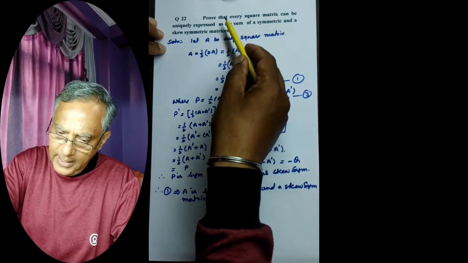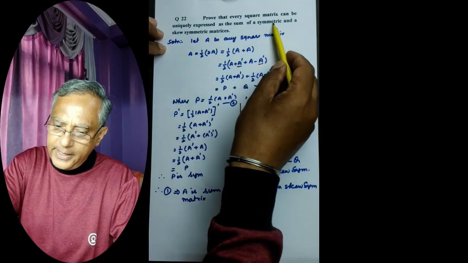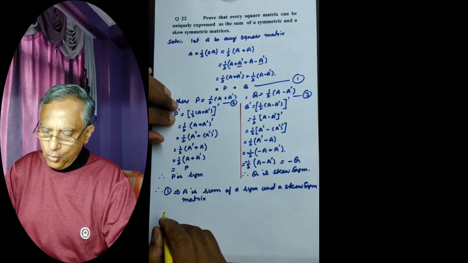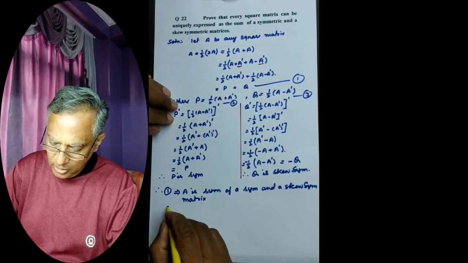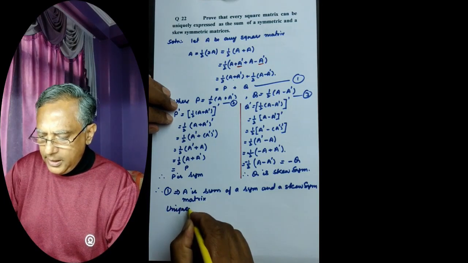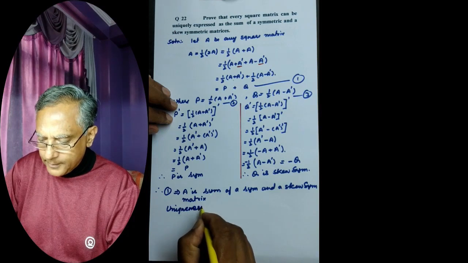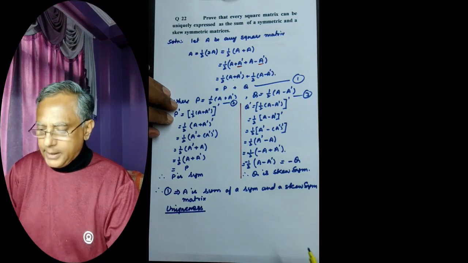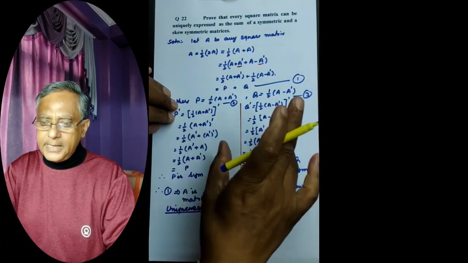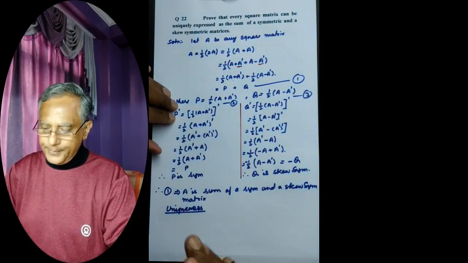So we have written A as a sum of a symmetric and a skew symmetric matrix. Now we have to prove the uniqueness. That is, this can be done only in one way. That is, this representation is unique.